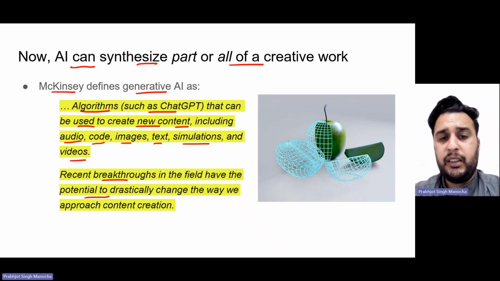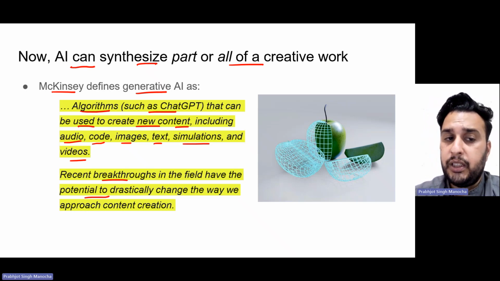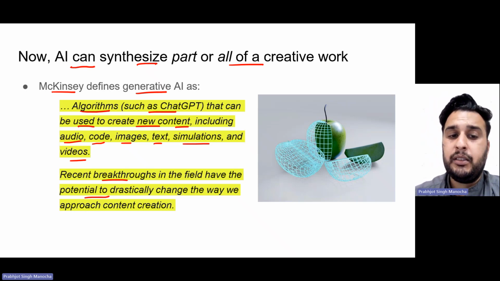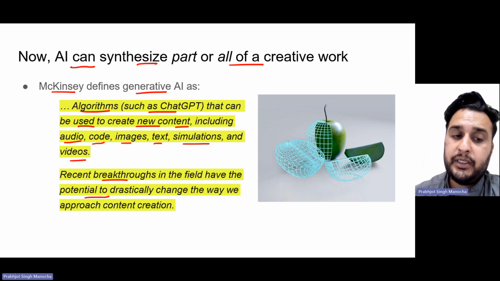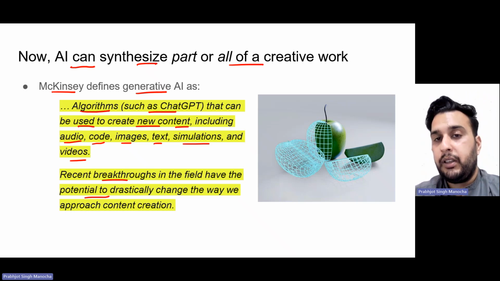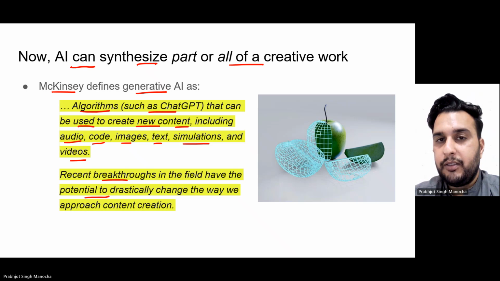And apart from this, there are many different tools available to generate data using audios, images, text, simulations, and videos. That means it is a breakthrough for us, as it has drastically changed the way we think about it, right? For example, I want to learn a new programming language.